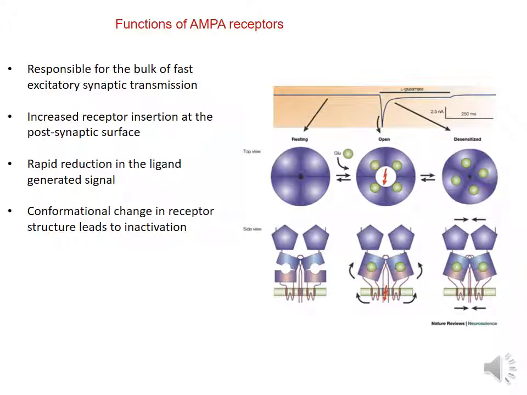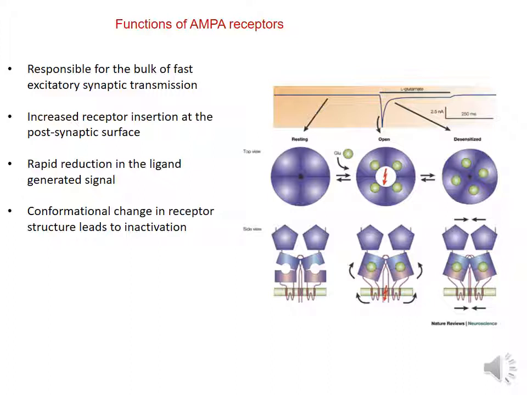So the AMPA receptors are responsible for the bulk of fast excitatory synaptic transmission, and there are different mechanisms by which AMPA receptor activity induces increased conductance of the synapse. It's been suggested that they are either increasing the number of AMPA receptors at the postsynaptic surface by increasing inclusion, or modifying the existing AMPA receptors that are already there with different mechanisms.